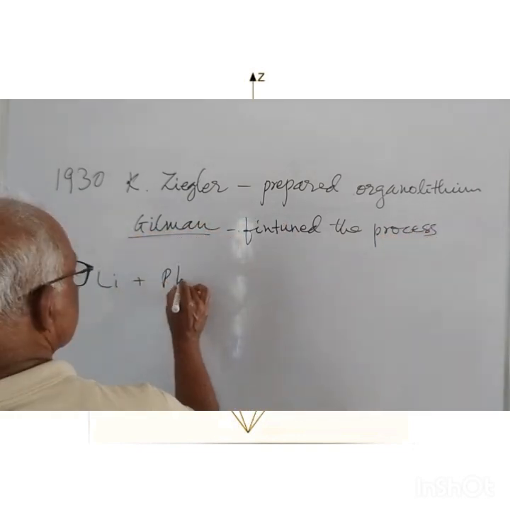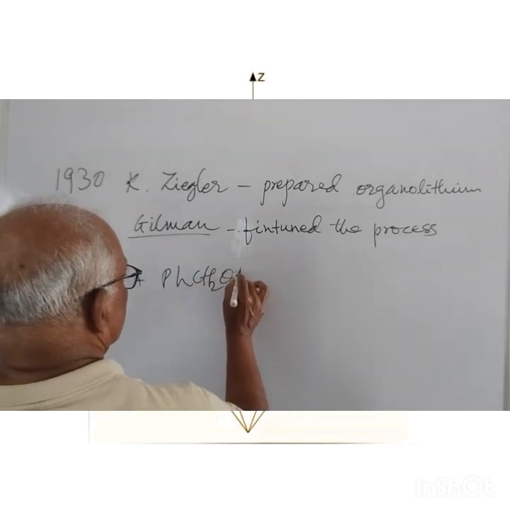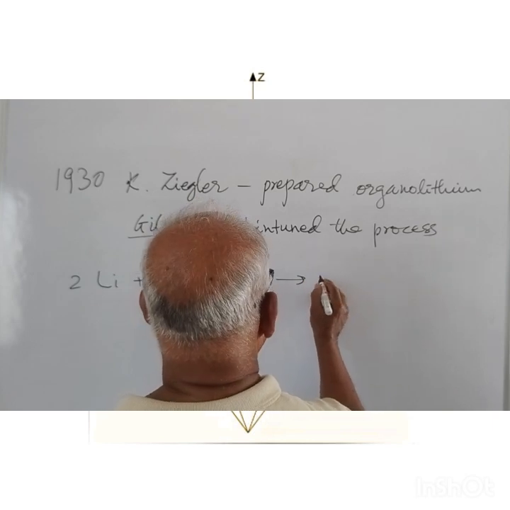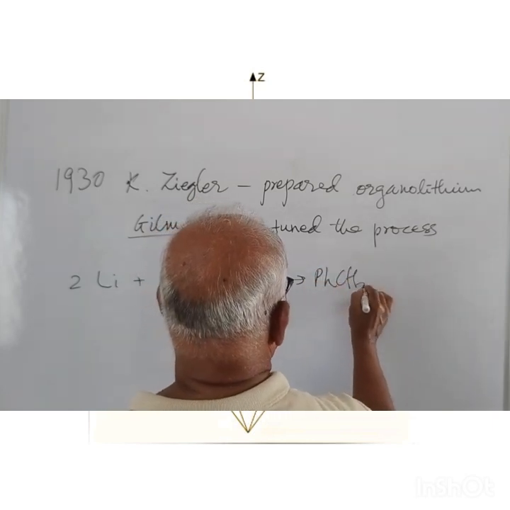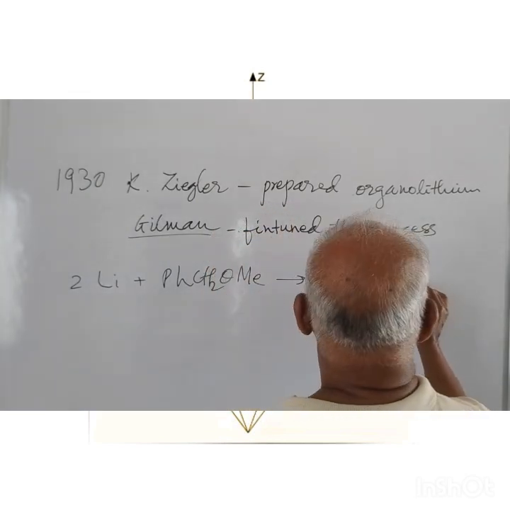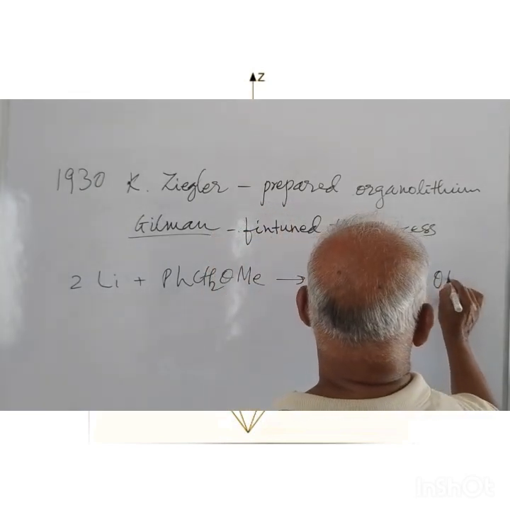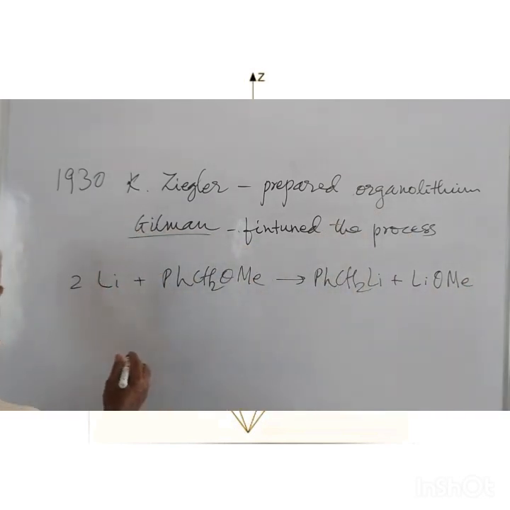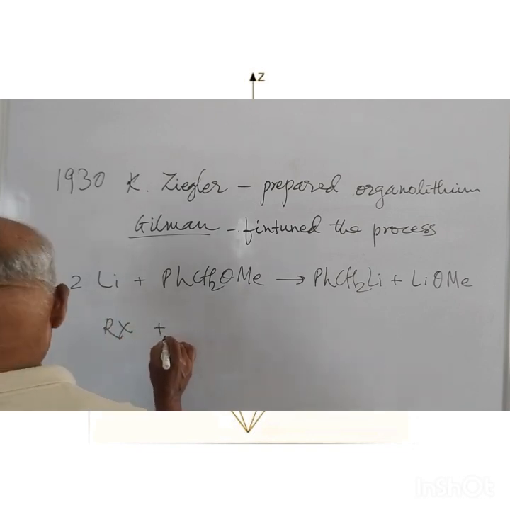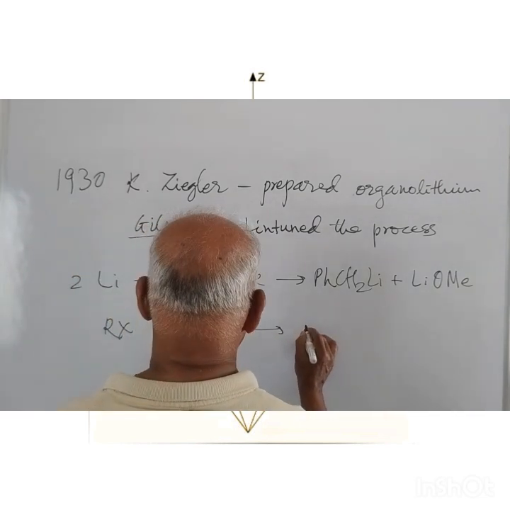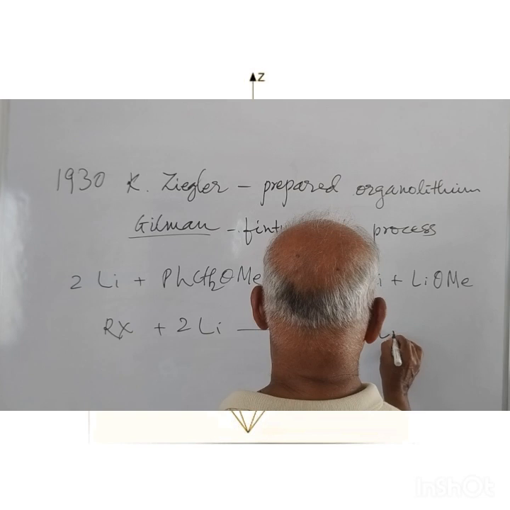For example, lithium plus PhCH2OMe gives PhCH2Li plus LiOMe. Similarly, another example is RX, alkyl halide, plus twice lithium gives RLi plus LiX.